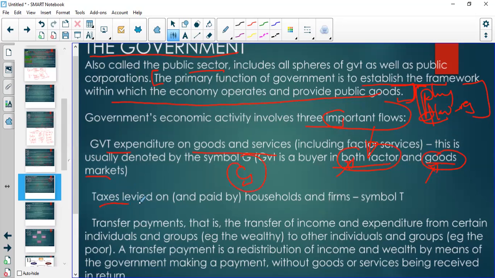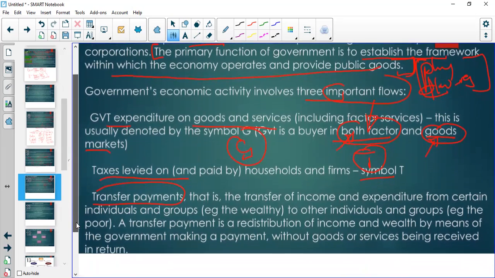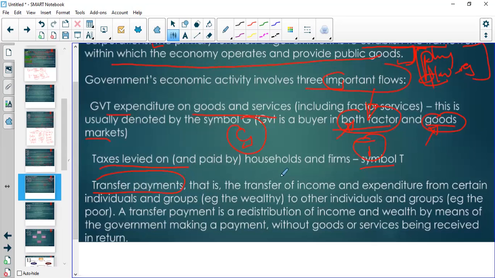Then there is also taxes levied, which are represented by the letter T. Then there's also transfer payments, which is not a salary, but to support the less advantaged people. There's grants, right?